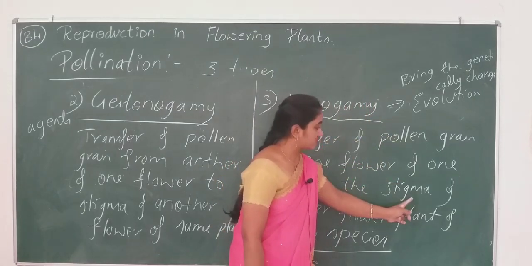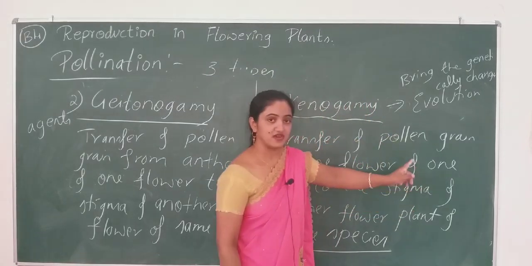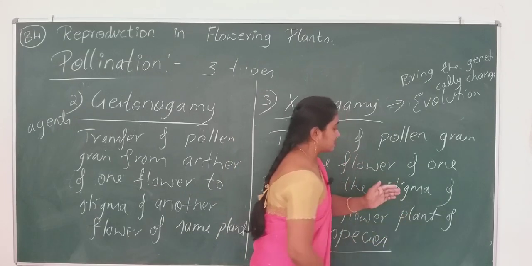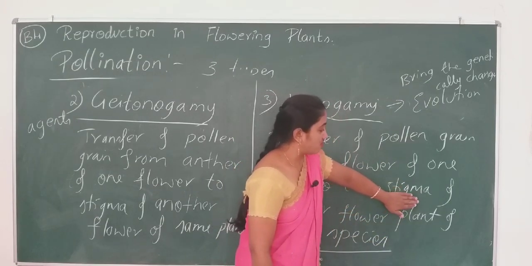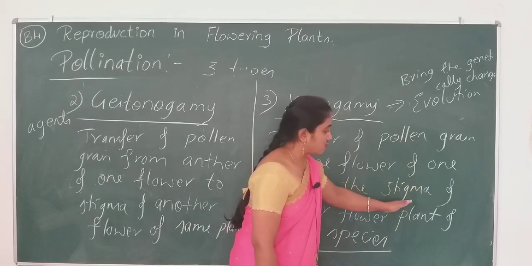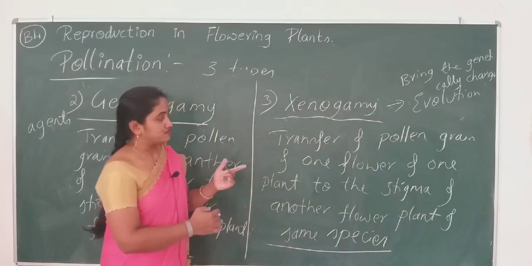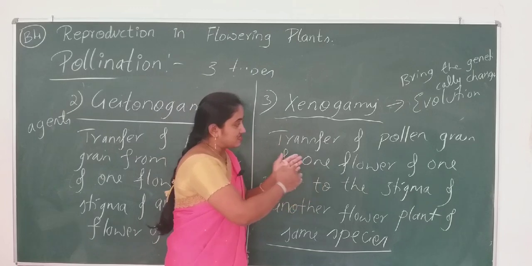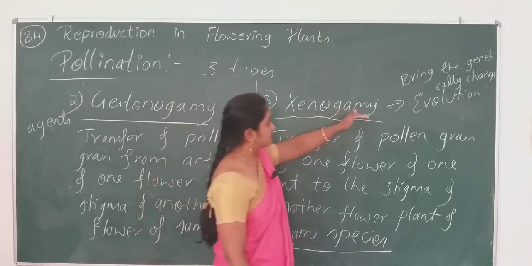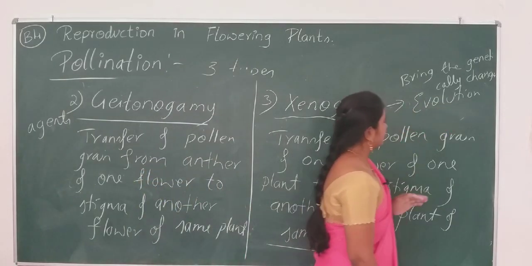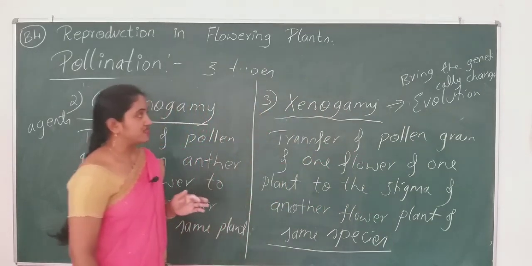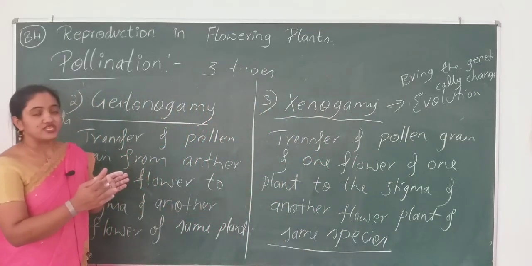When it fuses with the other plant's flower, reproduction occurs, the zygote forms, the seed forms, and a seedling takes place. In this way xenogamy brings evolution, and also genetic changes.